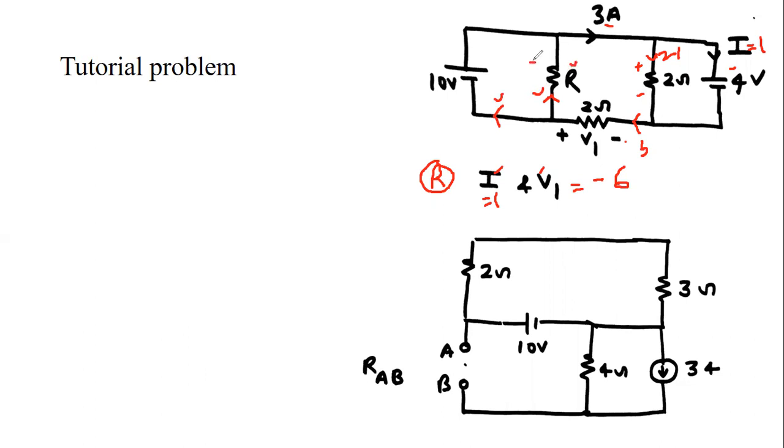We know the voltage across this resistance, but we do not have information about the current, nor the value of resistance R. So without knowing the value of this current, we cannot calculate the value of resistance. So in this circuit, we cannot calculate the value of R.